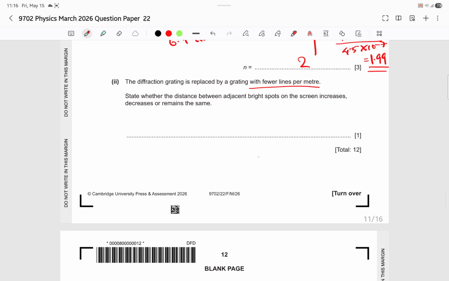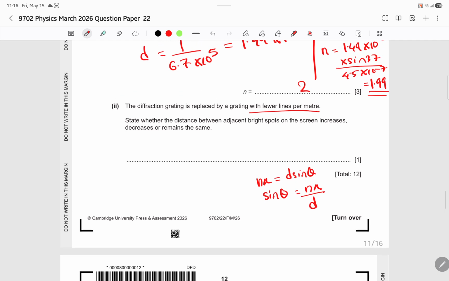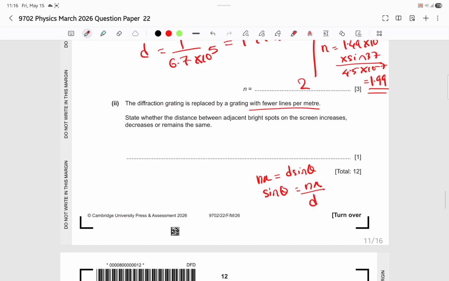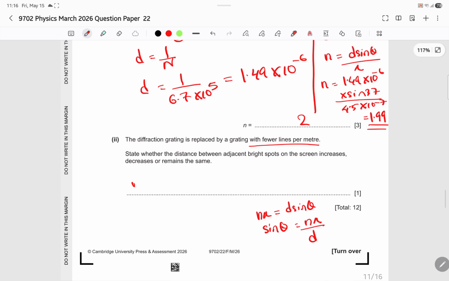So using just the formula, n lambda equals d sine theta, and sine theta equals n lambda by d. Fewer lines per meter basically means d equals 1 by n. This decreases, so d will increase. So if d increases, sine theta will decrease.